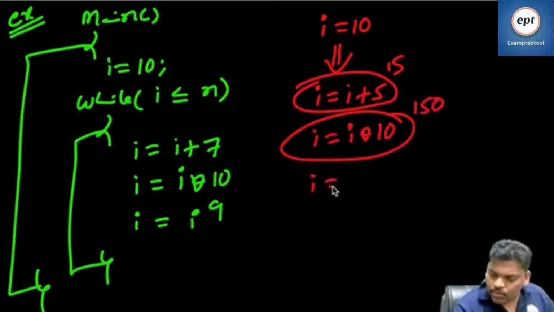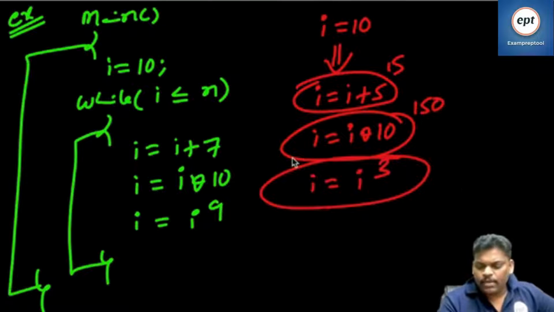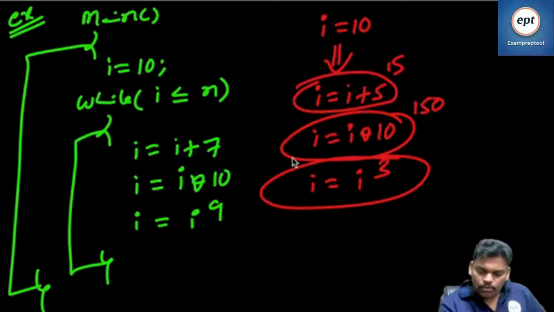Next one, I is equal to I power 3. If I is equal to 150 and I is equal to I power 3, how much is 150 cube?